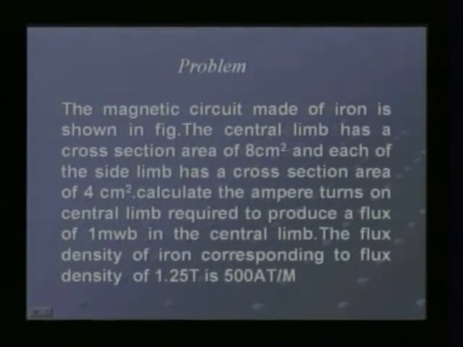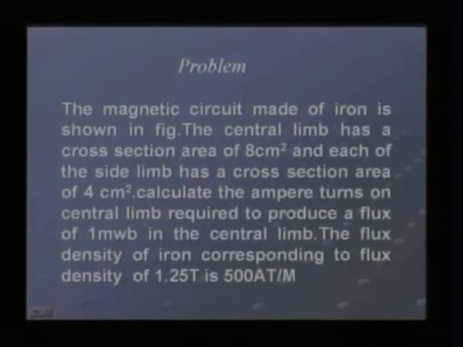In the given problem, the magnetic circuit made of iron is shown in the figure. The central limb has a cross section area of 8 centimeter square and each of the side limbs has a cross section area of 4 centimeter square.